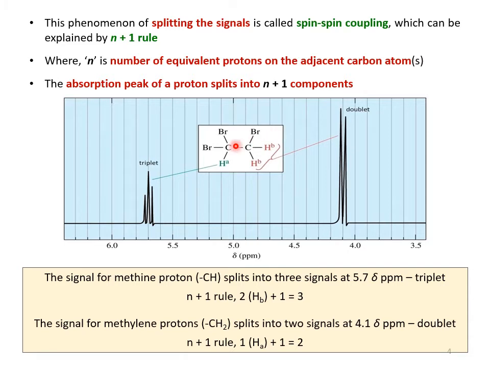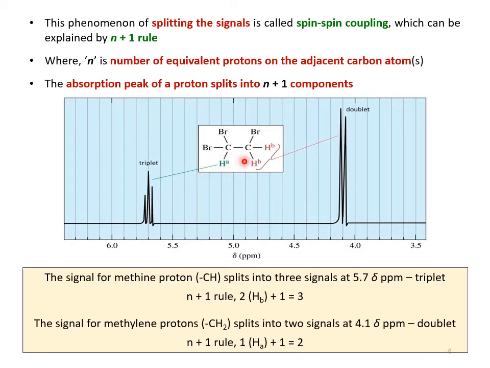Why? Because this methine proton is present adjacent to the methylene carbon which has 2 protons. Therefore, by n plus 1, 2 plus 1 gives 3, because there are 2 adjacent protons for this methine proton. Hence, the signal split into a triplet.